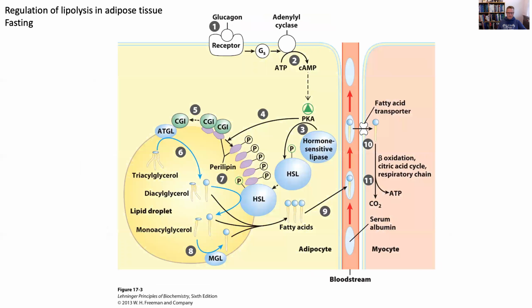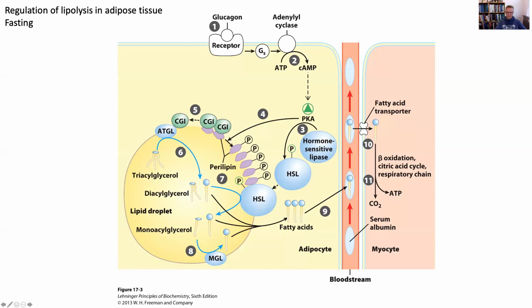So if we start by looking at how lipolysis is regulated in adipose tissue, then we can take one of these classical examples from a textbook, in this case, Lehninger Principles of Biochemistry. Then we can see that a receptor can pick up a signal from a hormone.